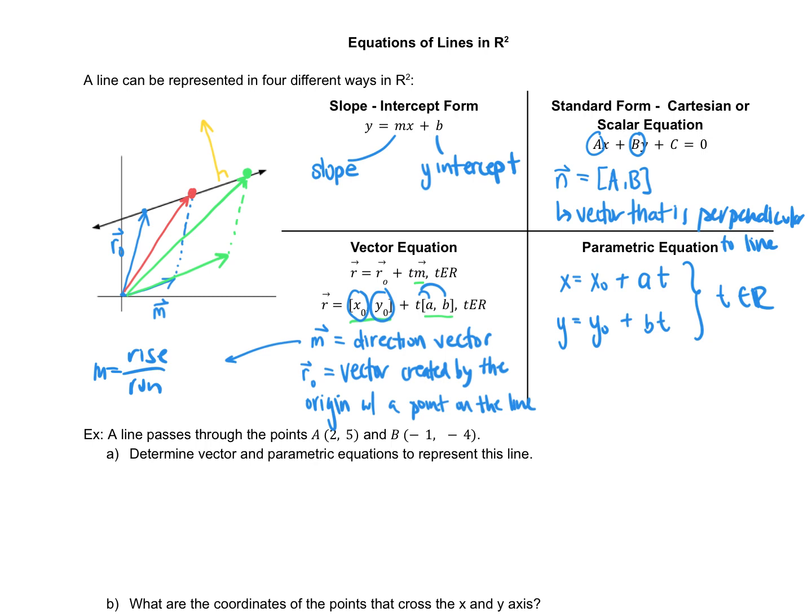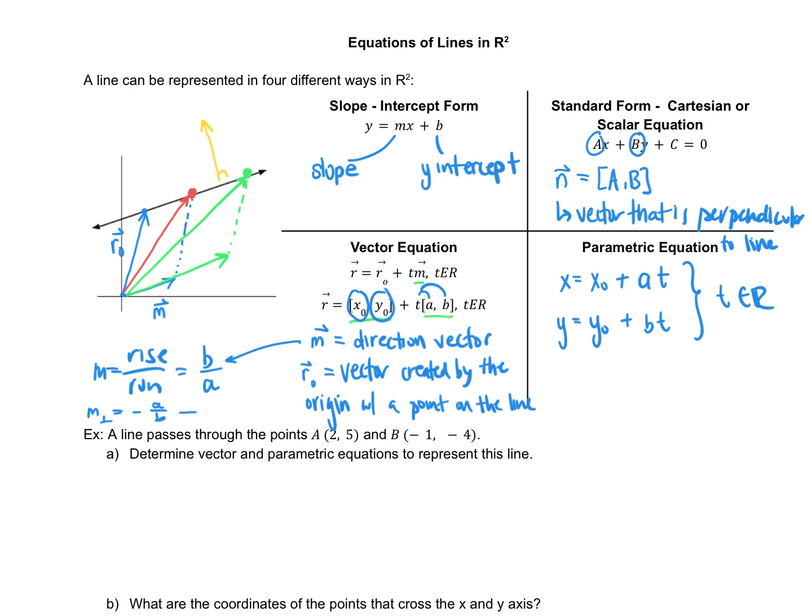If your direction vector is AB, rise is the vertical, and the vertical component is B, and run is the horizontal component, so A. So if you look at your direction vector, you actually have your slope right there, B over A, as your rise and your run. And now if I want a perpendicular slope, so an opposite reciprocal, that would be negative A over B.